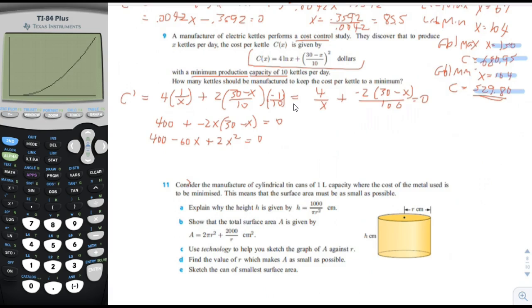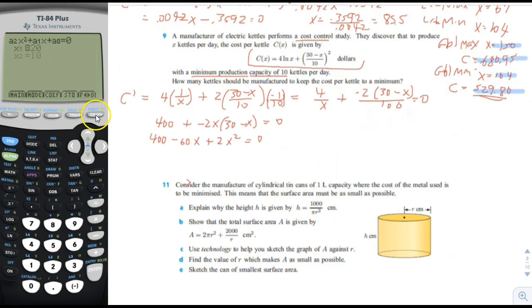And then we could find the roots of this. What x's would make this equal 0? Let's use the polynomial solver instead of doing the quadratic equation. Poly root finder, order 2, and then we're going to put 2 in for a2, negative 60 in for a1, and 400 in for a0.